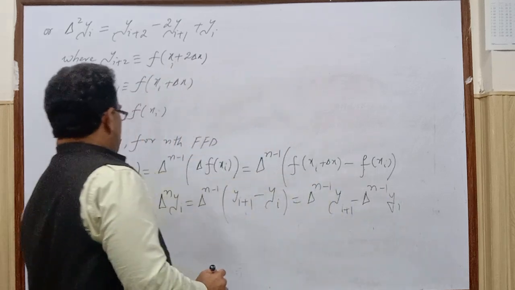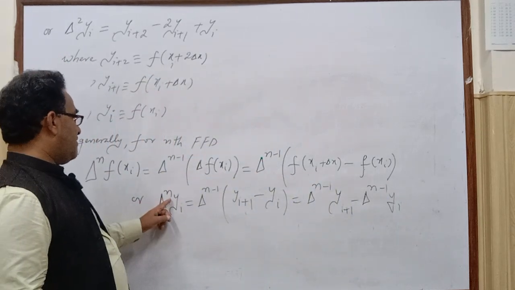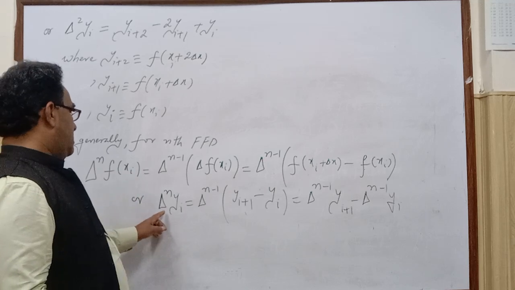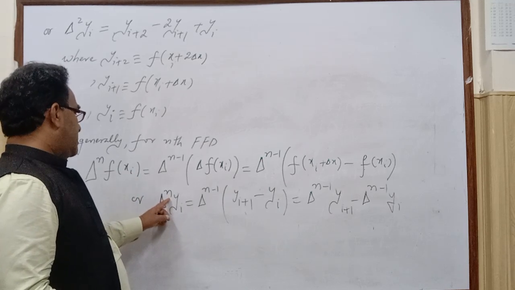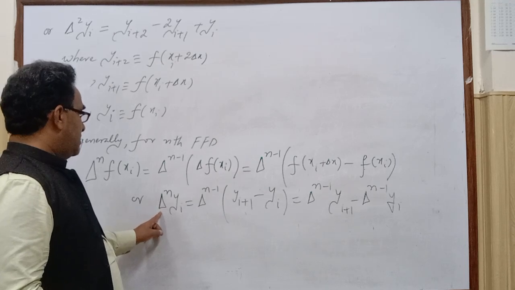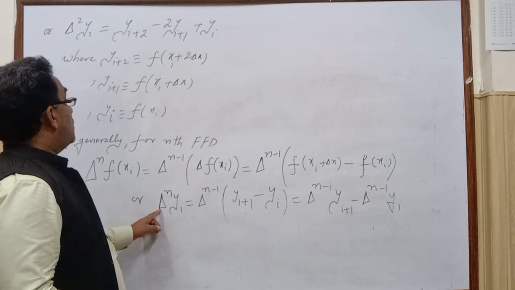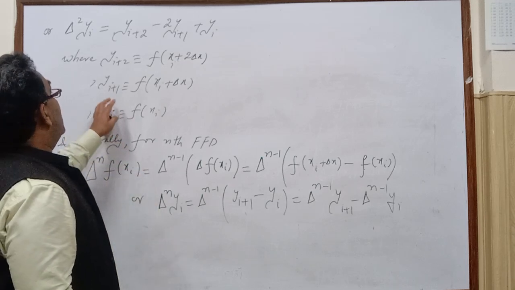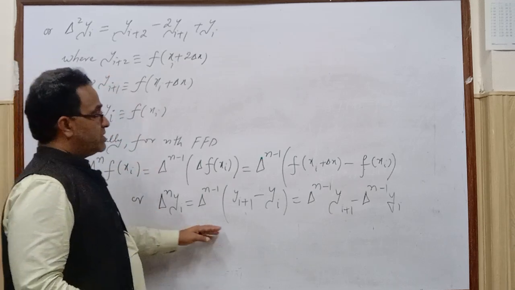So for any level of FFD, the result of the nth forward finite difference being operated upon the value of the function will produce the result like this.